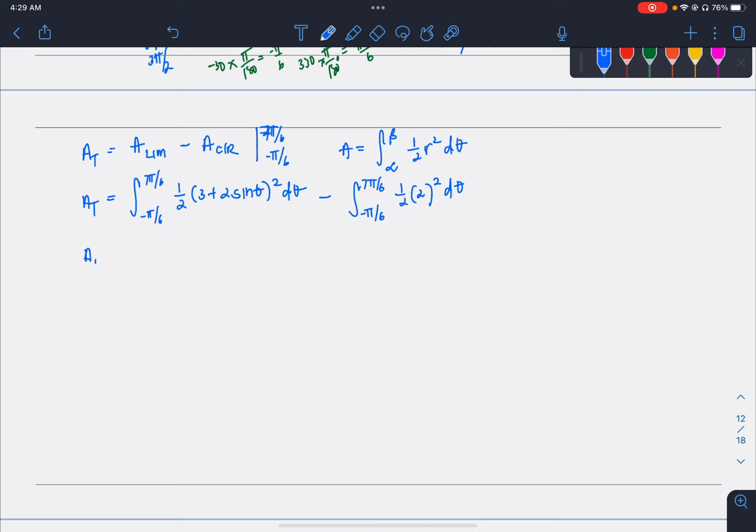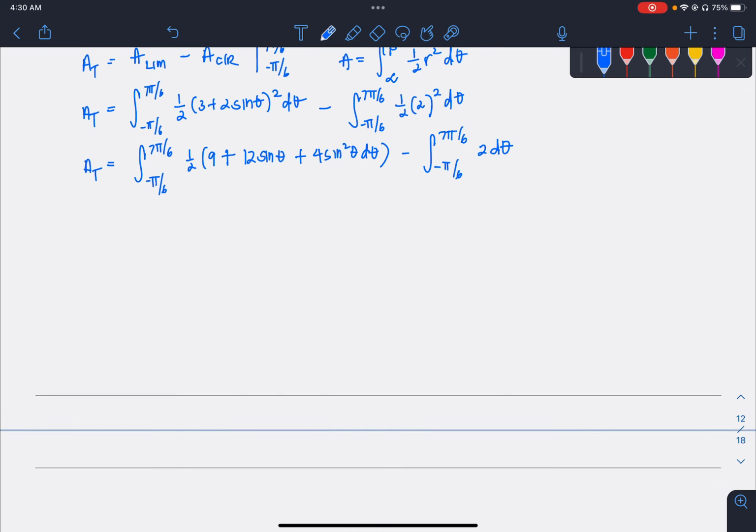So that makes the total area the integral from negative pi over 6 to 7 pi over 6 of 1/2 times the expansion: 9 plus 2 times 3 times 2, that is 12 sine theta, plus 2 sine theta squared, which is 4 sine squared theta, d theta. And minus the integral from negative pi over 6 to 7 pi over 6 of 2 squared is 4, divided by 2, that is 2, so just 2 d theta.